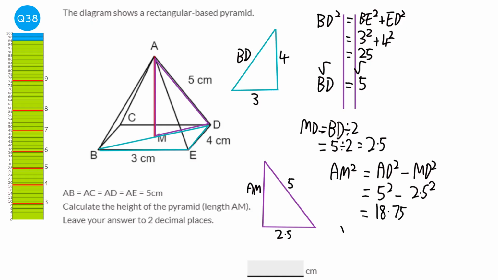Then we'll square root both sides. I haven't put my tramlines in. Let's get those in as well. Make sure it's all neat and tidy. So we've got AM is equal to 4.330, and because it says 2 decimal places, we want to write down the answer 4.33 centimetres.